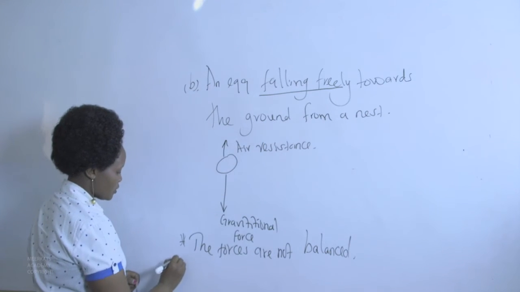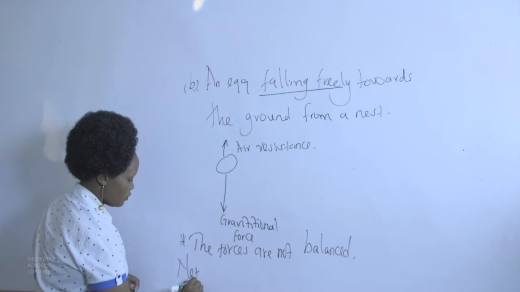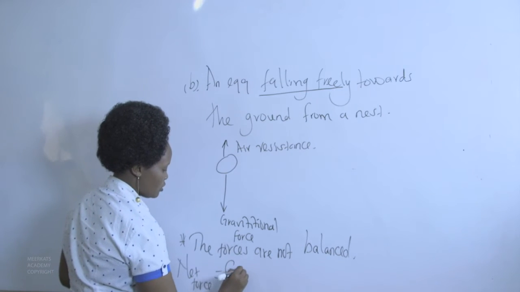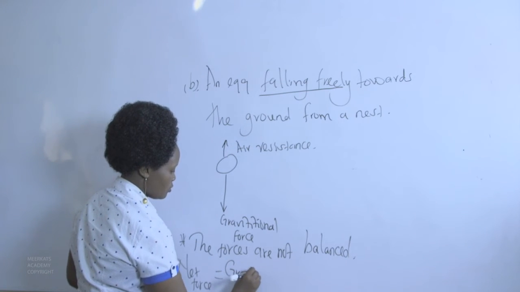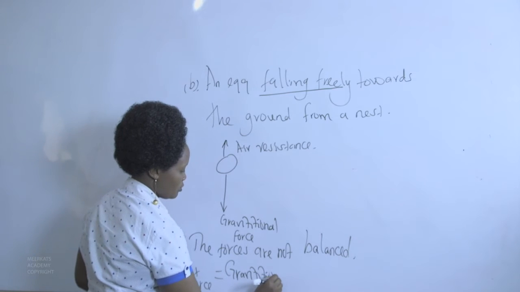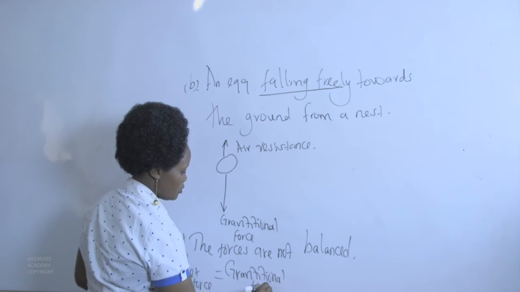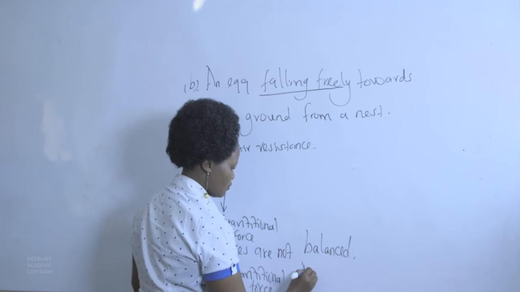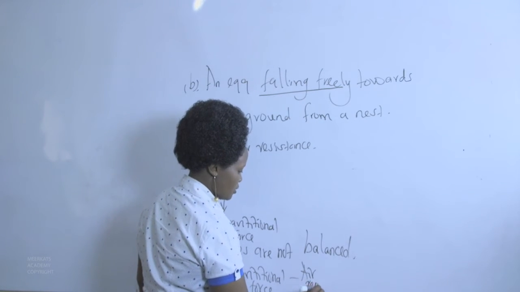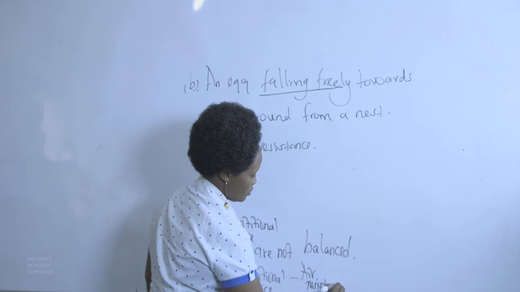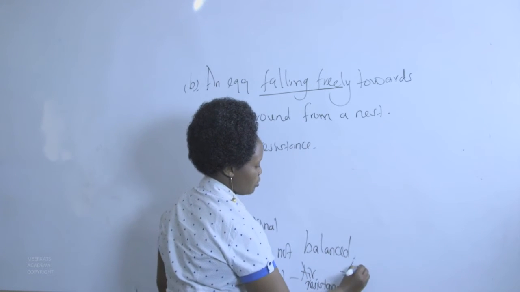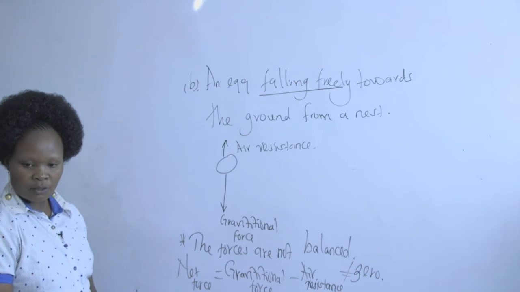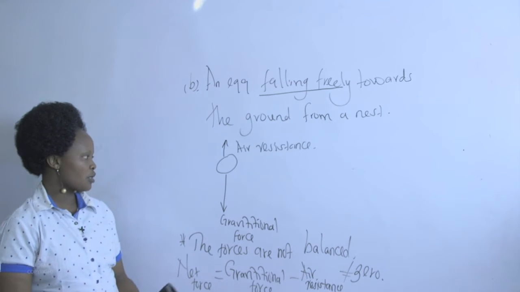So the net force, which is given by gravitational force minus air resistance, is not equal to 0.